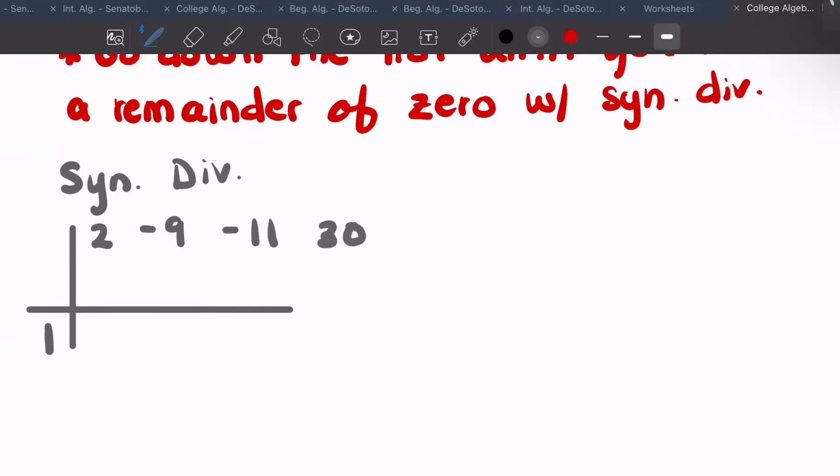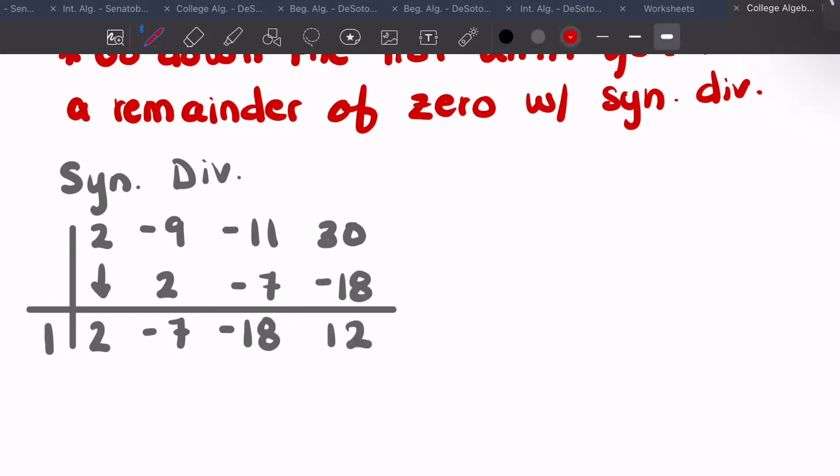Do synthetic division, and we're looking for a remainder of 0. 2, -7, -18, 12. We did not get a remainder of 0.